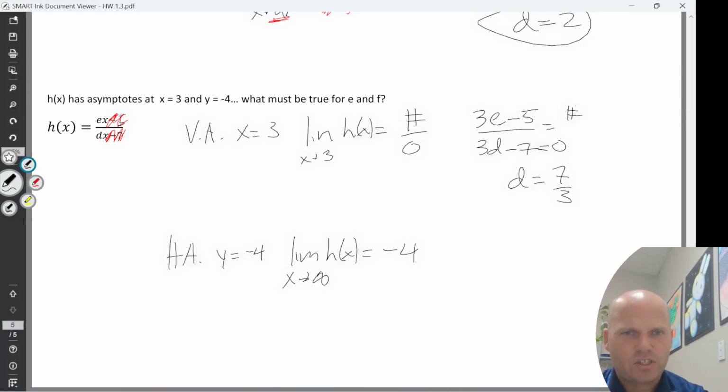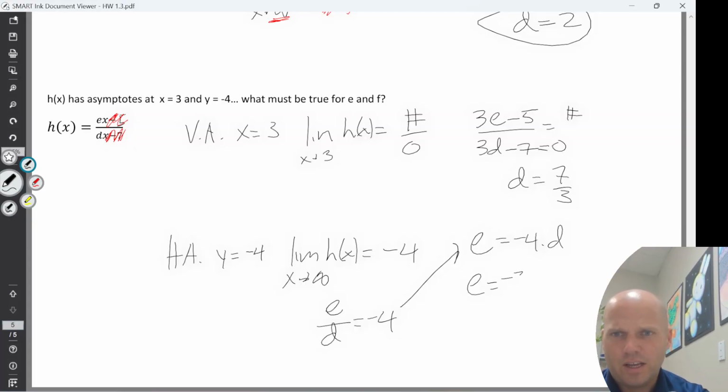That's a same over a same. That ends up being e over d. That has to equal negative 4. I know d is 7/3. So I can multiply both sides by d to get e equals negative 4 times d. So e equals negative 28/3 when I multiply 7/3 by negative 4.